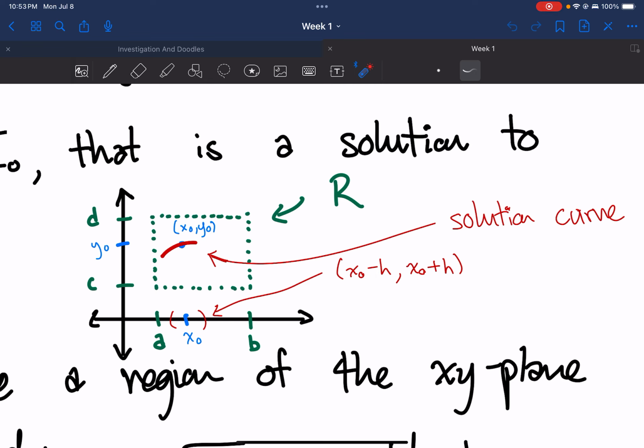It says as long as these conditions about f of x and y are met, like smoothness conditions on that function, then a solution exists on a small interval around x naught. Could be bigger, but it just guarantees the existence of a solution on some interval.